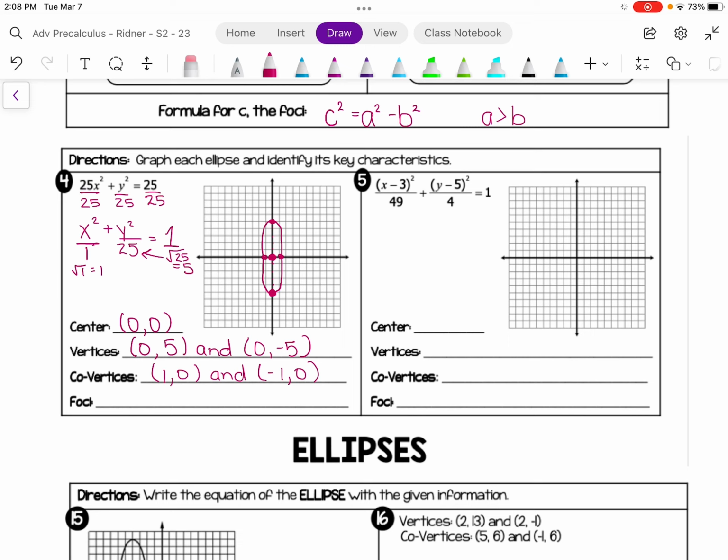So remember, c squared equals a squared minus b squared. So that's 25 minus 1, which is 24. That's c squared. So c must equal the square root of 24, which is approximately 4.9.